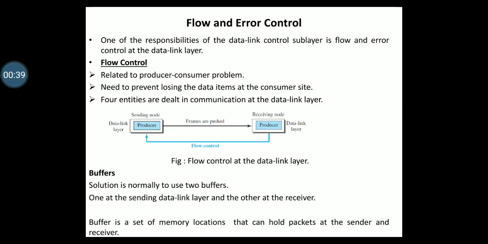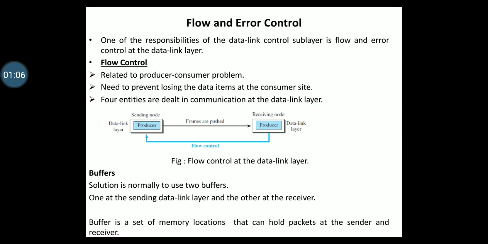This is related to a producer consumer problem. Whenever there is an entity which produces items and one more entity which consumes those items, there is a need of balance between producer and consumer rates.